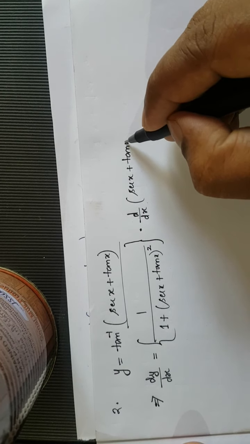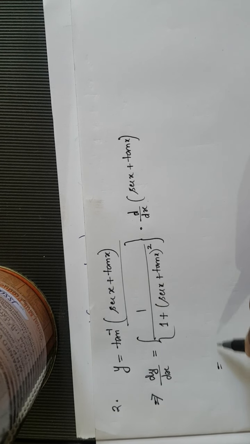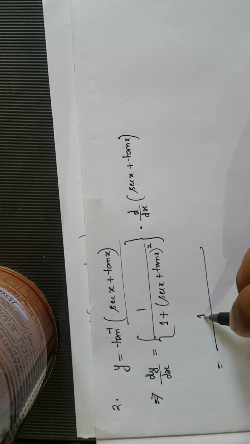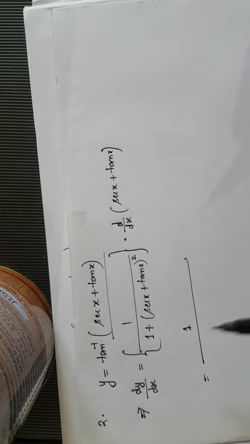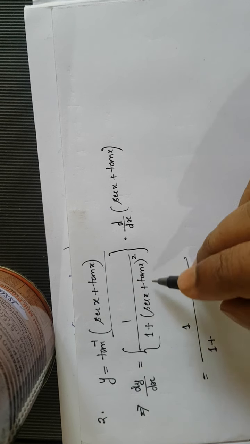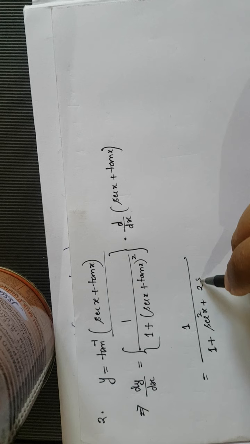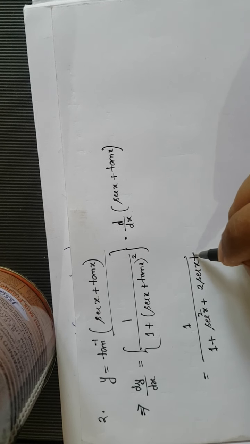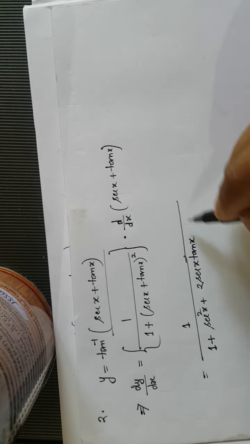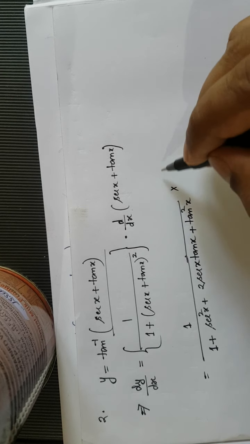This is the composite function method. 1 by 1 plus, this is a plus b whole square. This is sec square x plus twice sec x into tan x plus tan square x.